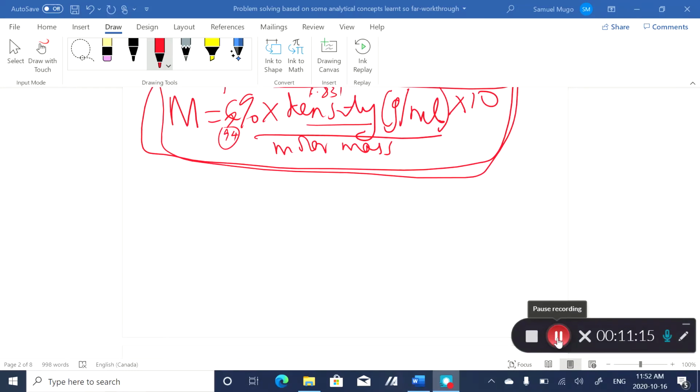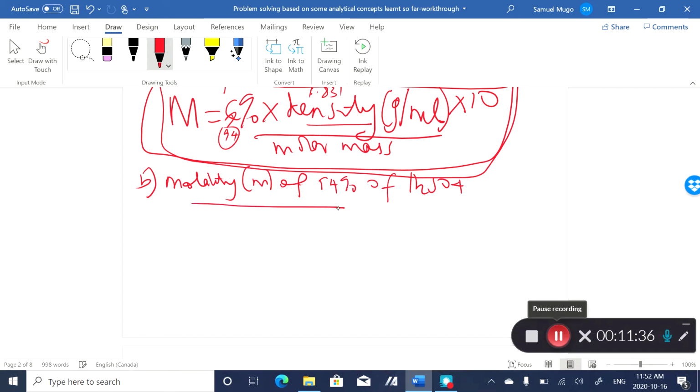So the next problem is to calculate, rather than molar concentration, part B, you've been asked to calculate molality, with a small m. And remember, that's the molality of 94% sulfuric acid.